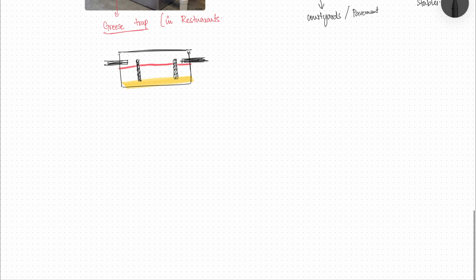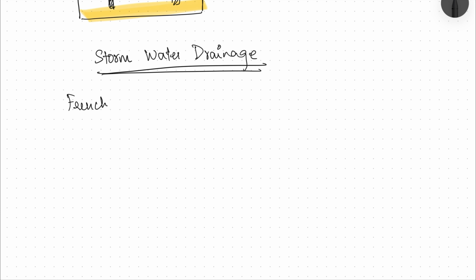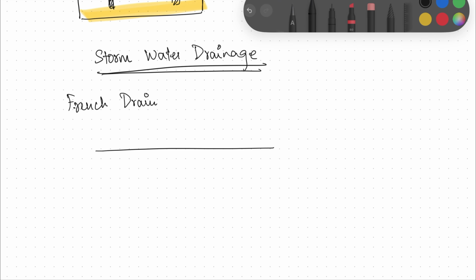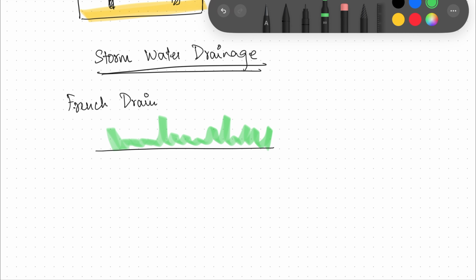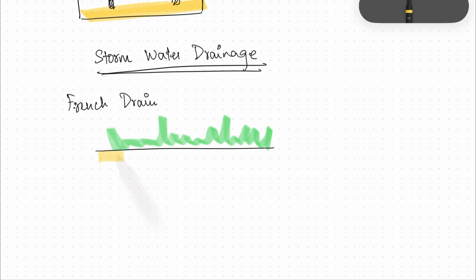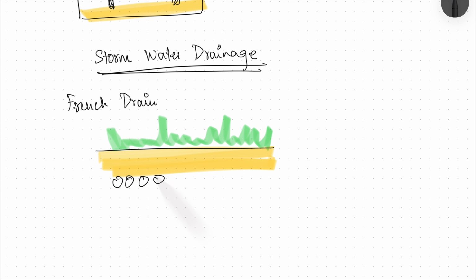Now let's talk about stormwater drainage. So basically there are two systems, but before I talk about the systems, let me talk about something called the French drain. So imagine this is your topmost soil, your sand and grass or whatever is there. Then you have a layer of soil beneath it, and below that you have gravels.